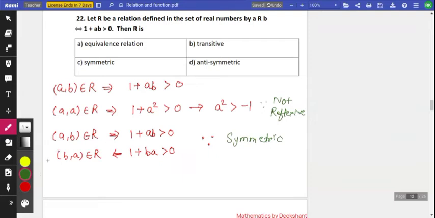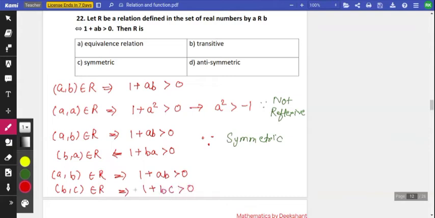For the given relation to be transitive, if (a,b) belongs to relation R, it means 1 plus ab is greater than 0, and (b,c) belongs to relation R, it means 1 plus bc is greater than 0.